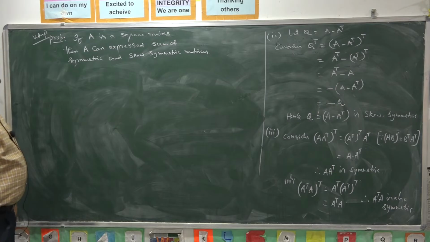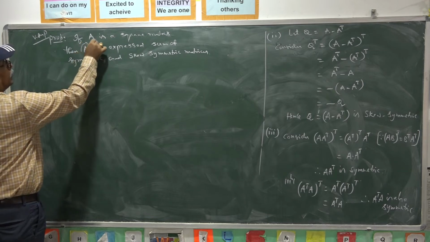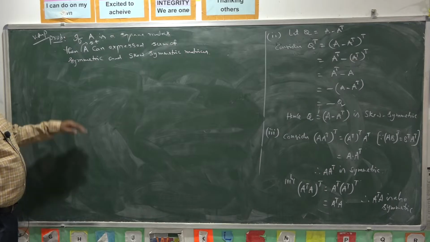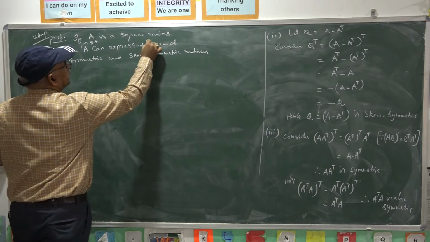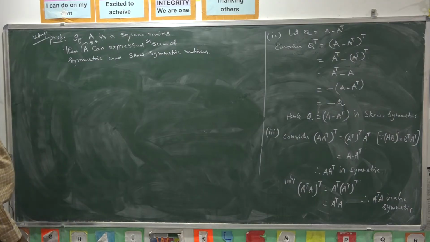If A is a square matrix, then show that A can be expressed as the sum of symmetric and skew symmetric matrices.